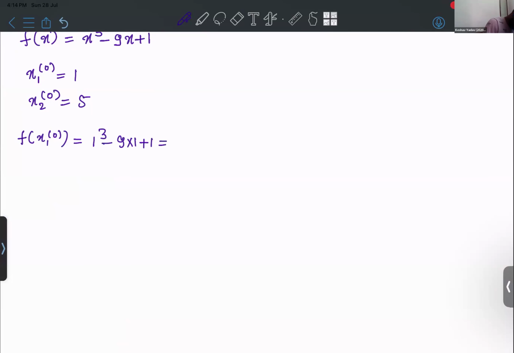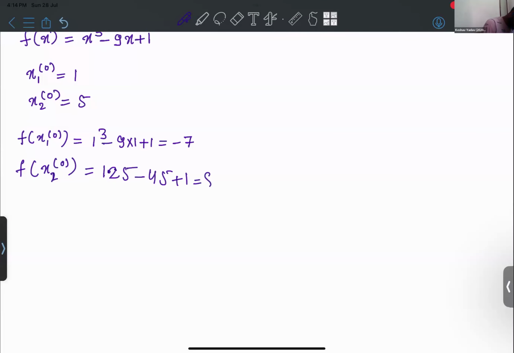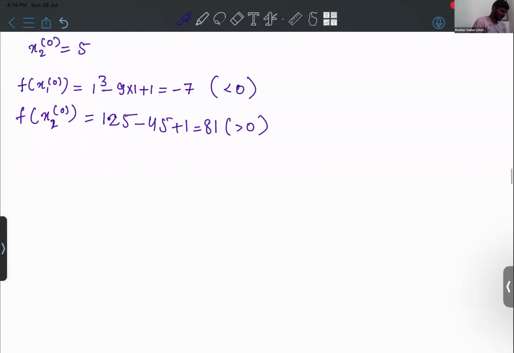So this will come as minus 7. f of x2 at the 0th iteration: 5 cube will be some large number, so it will come positive. 5 cube is 125, minus 45 plus 1, that will give 81, I guess. So this is a negative number, less than 0, and this is a positive number. So we can apply the bisection method to solve this problem.